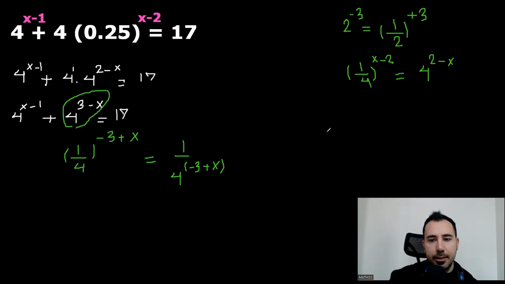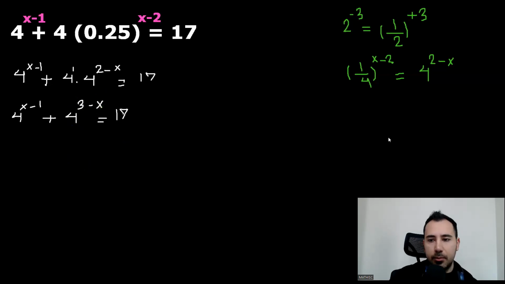So I'm going to apply this. Let's clean these and write the next line now. This is going to be 4 to the power of x minus 1 plus 1 over 4 to the power of x minus 3 equals 17.